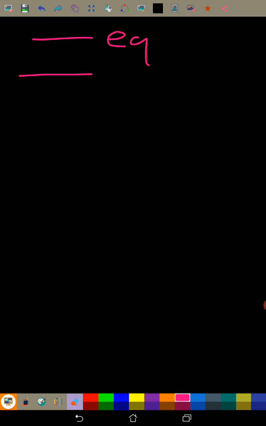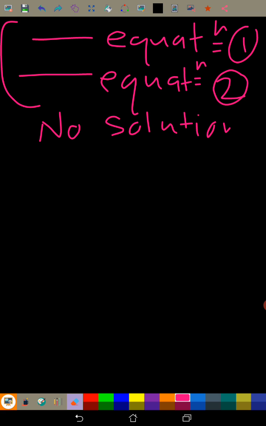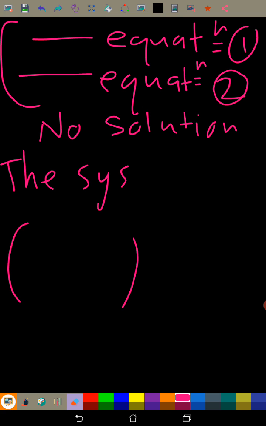If these are the two linear equations, equation 1 and equation 2, and there is no solution, so we just say that the system, let's say we already transferred them into a matrix, has no solution.